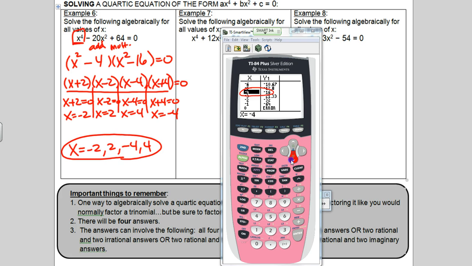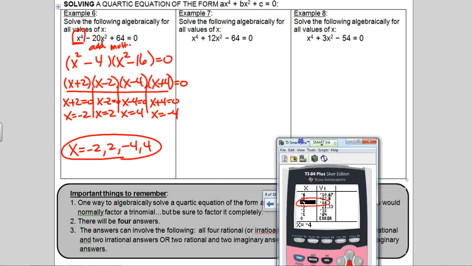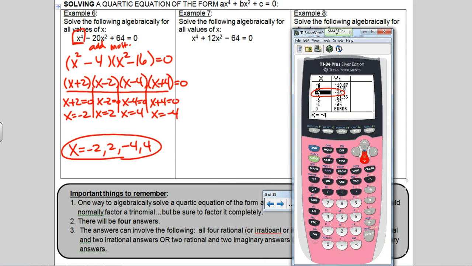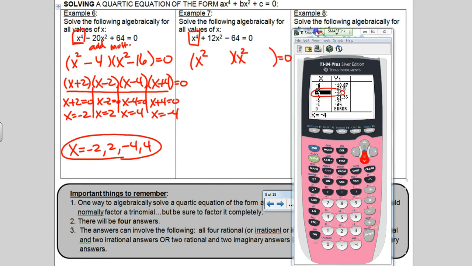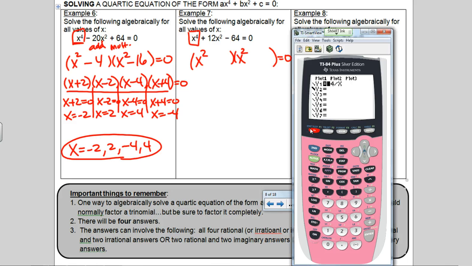Okay, so the next one, again, it looks like a trinomial type, and we're going to factor it just like that, except it's the x to the fourth. It's going to be x squared and x squared. All right, so if I go back to my table to help me out, I'm going to insert a negative sign and then see which one of these pairs adds up to 12.